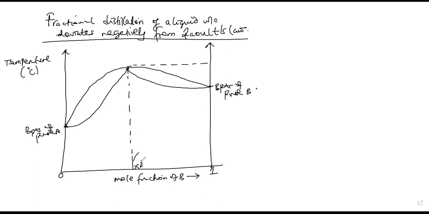At composition XB of B, of course, the mixture is an azeotrope, and boils at a constant temperature, giving a vapor of the same composition as that of the liquid, as we looked at the definition. So this is our liquid phase. And this is our vapor phase.